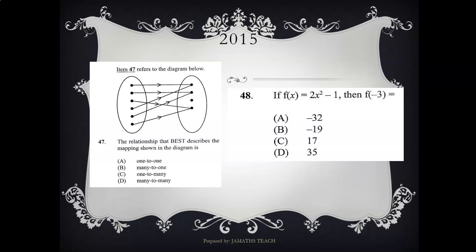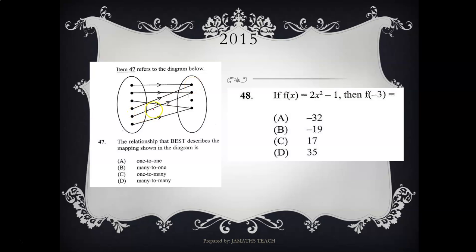Question 47. The relationship that best describes the mapping shown in the diagram is... Okay, let's look at it. So we have this first dot going there. We have this one going to 1. We have this one going to the same one.